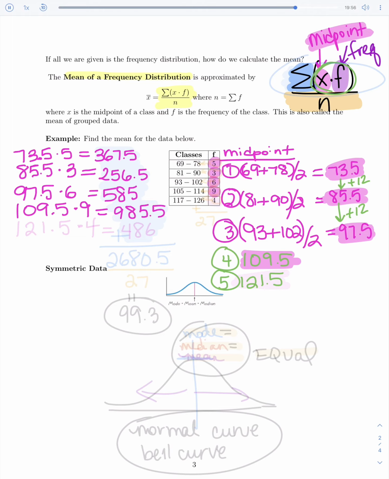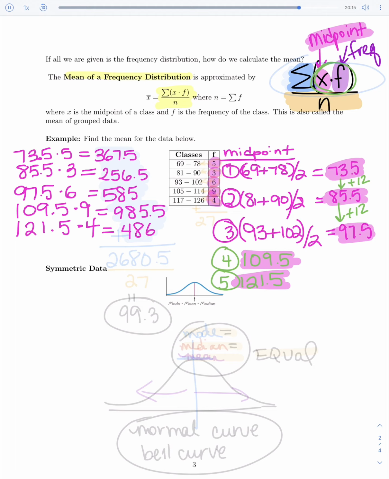And the last one here is 121.5 times its frequency for the last class, which is 4. So 121.5 times 4 is our 486.